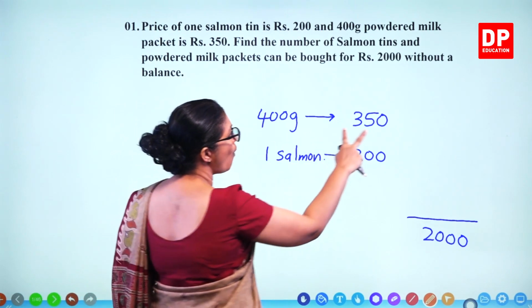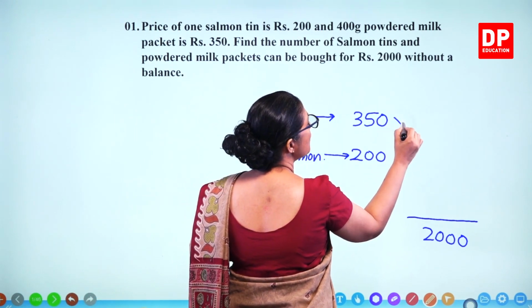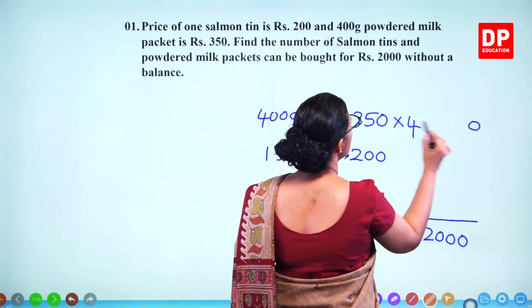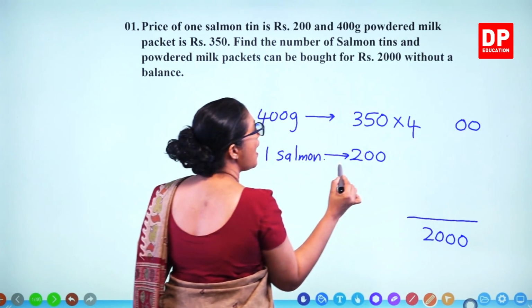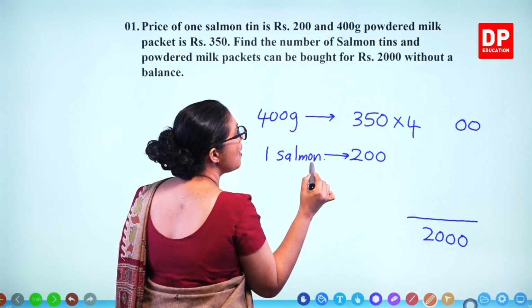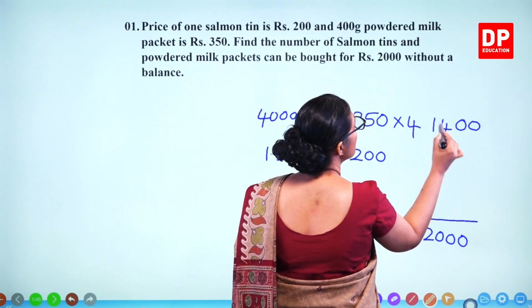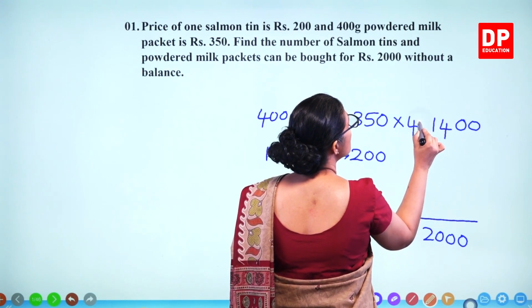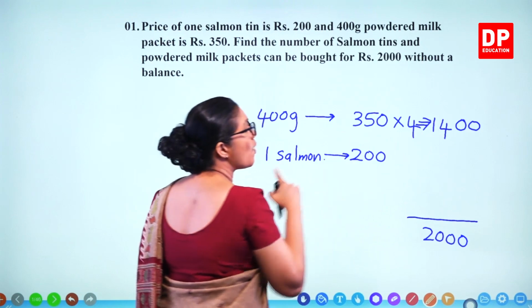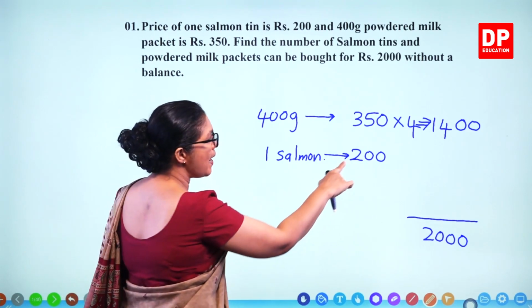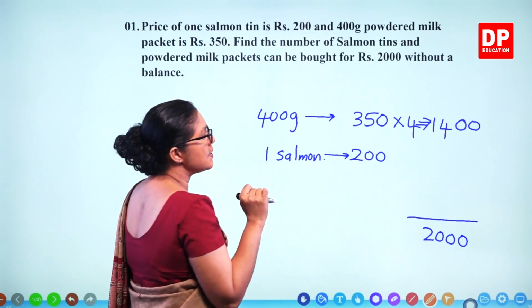If it's 4, we'll take 4. 350 times 4: 4 times 0, 0; 4 times 5, 20; and 4 times 3, 12, plus 2, 14. So that means 1400. So for the remainder you can buy salmon tins.